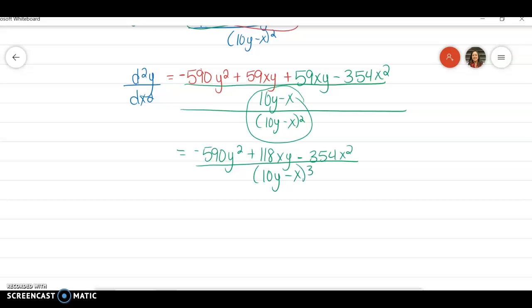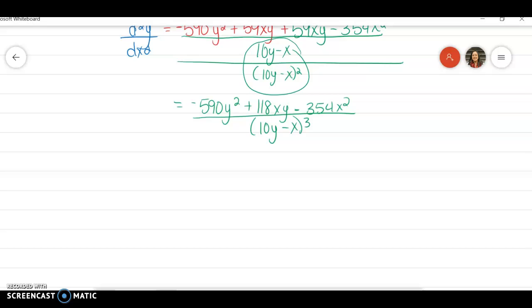And I have a few seconds left, and it's probably going to cut me off, but I think you can finish. My final answer is negative 118 times 5y squared minus xy plus 3x squared, all divided by 10y minus x all cubed. And there you have it, with a few seconds to spare.